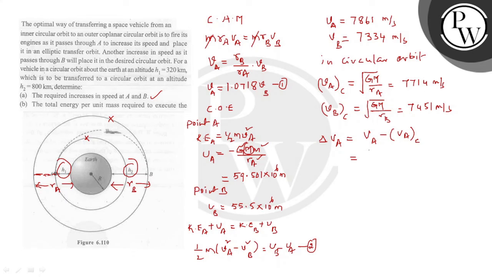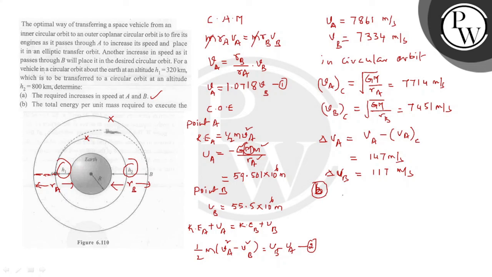Substitute the values and you will get 147 meters per second, and similarly delta VB is equal to 117 meters per second.